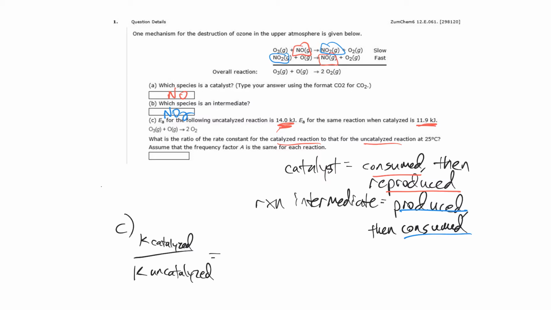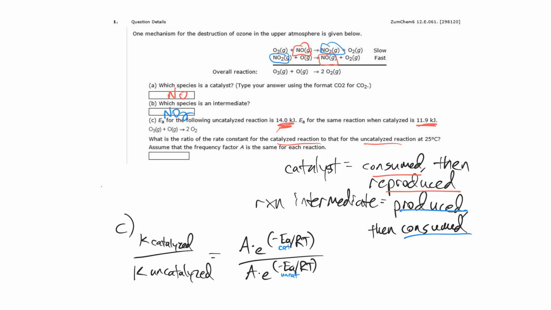We'll use the Arrhenius equation in its original form: the frequency factor A times the number e raised to the negative activation energy over RT. And that's true in both cases. The difference is that the activation energy for the catalyzed reaction is used in the numerator, and the uncatalyzed activation energy in the denominator.